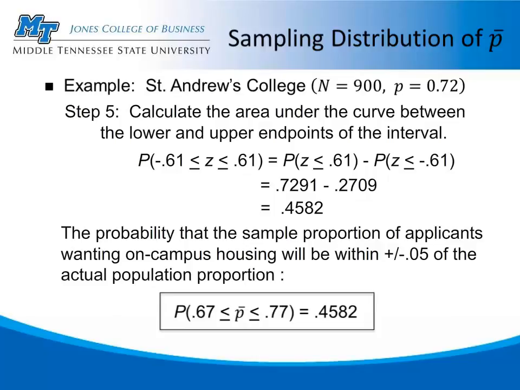So the probability that the z-value is between a negative and a positive 0.61 is the difference between 0.7291 and 0.2709, which is 0.4582. So the probability that the sample proportion would be within plus or minus 5% of the population proportion is 45.82%.